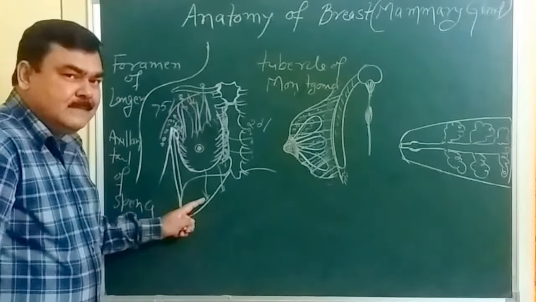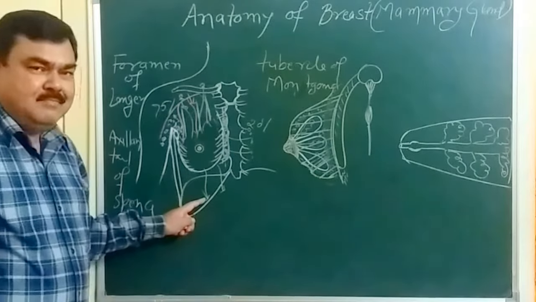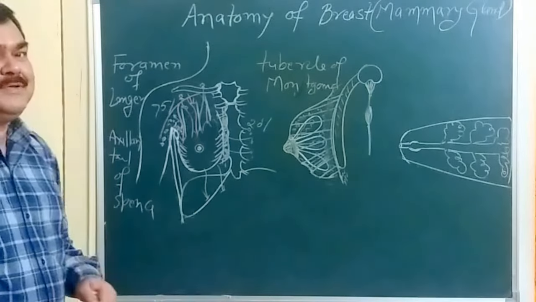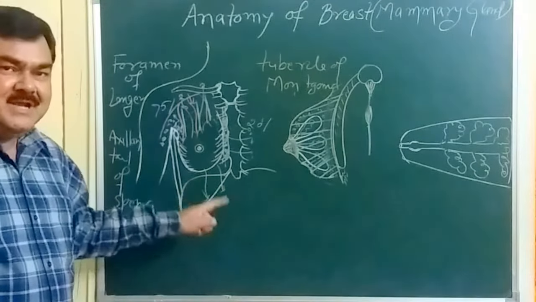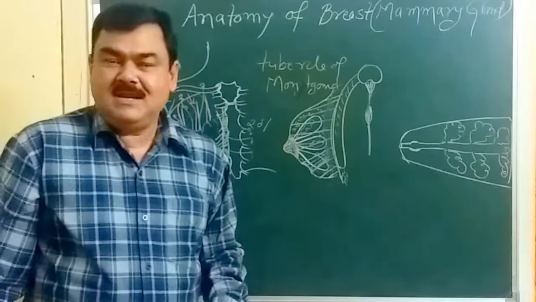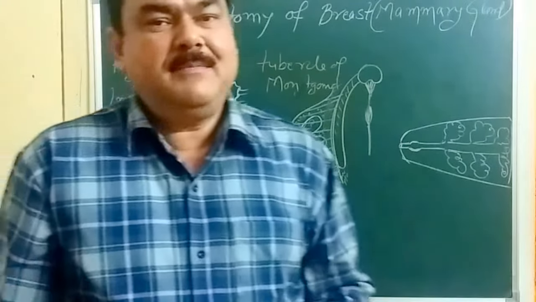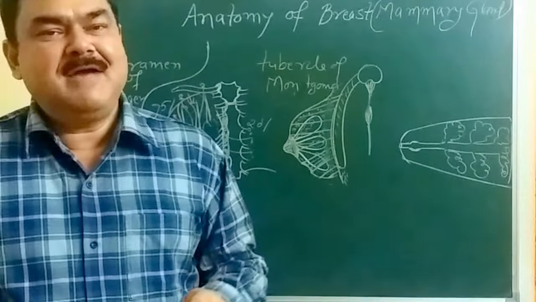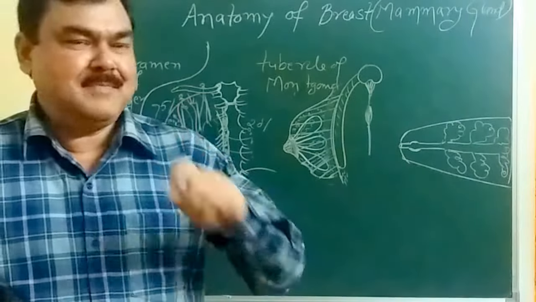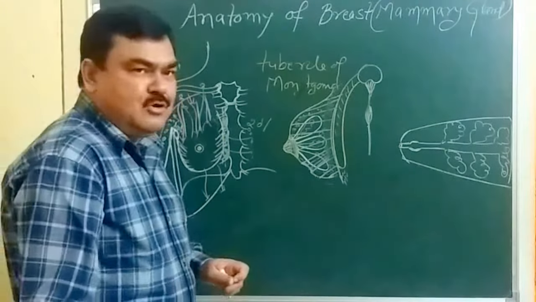Lymphatics may go to the subperitoneal plexus. So here two plexuses are present within the abdominal cavity. The lymphatics pierce the anterior abdominal muscle and go into the abdominal cavity below the diaphragm, that is, into the subdiaphragmatic plexus and subperitoneal plexus.